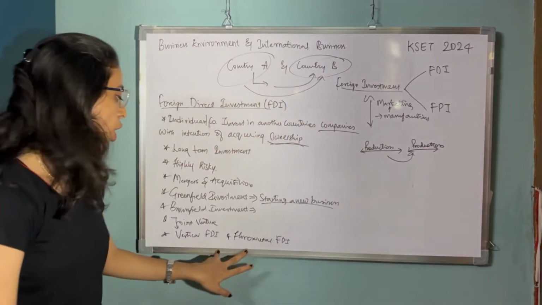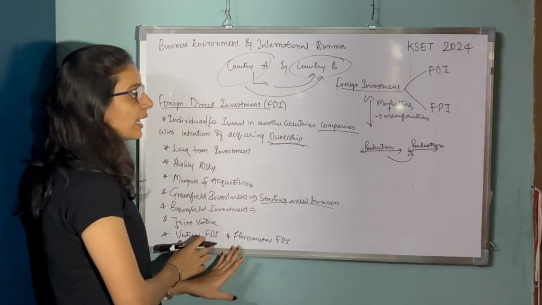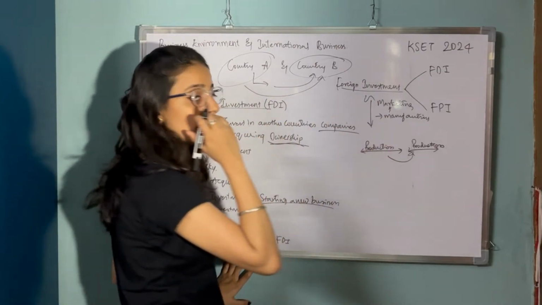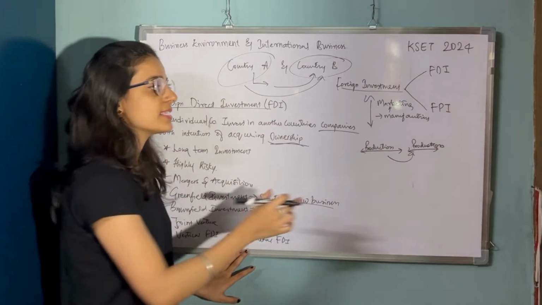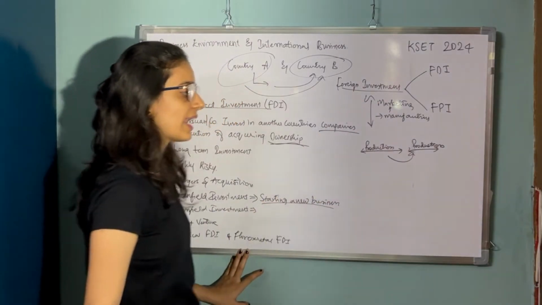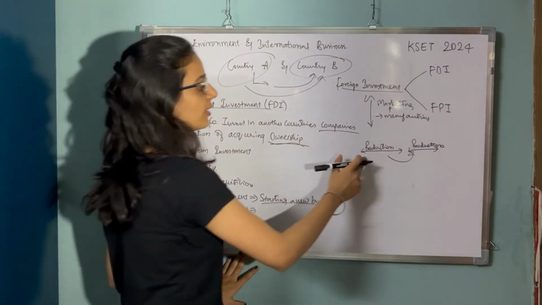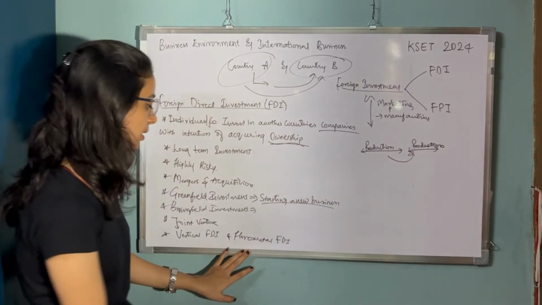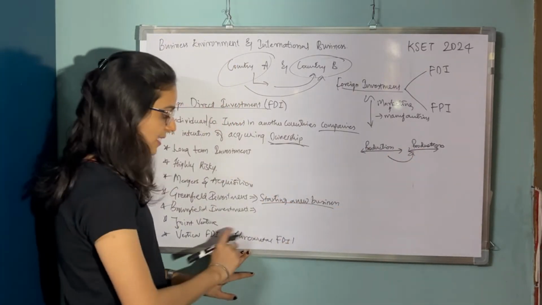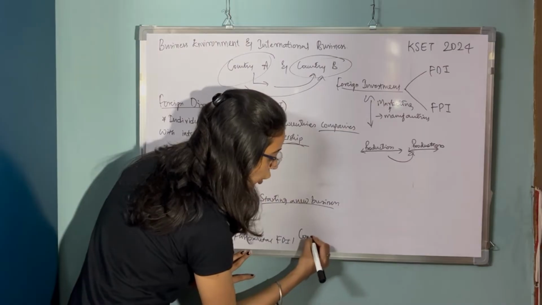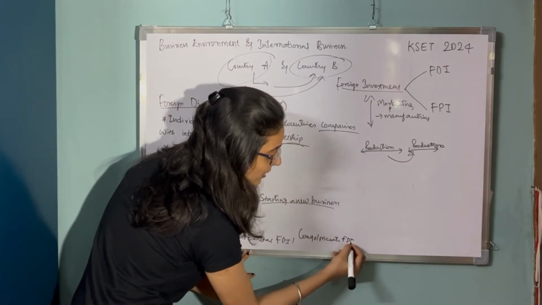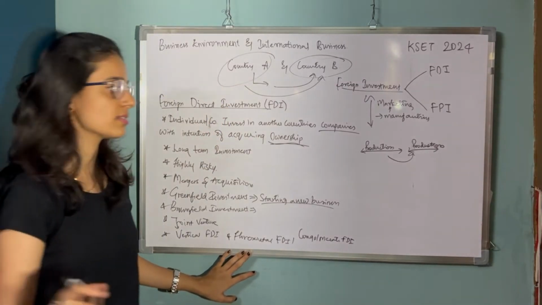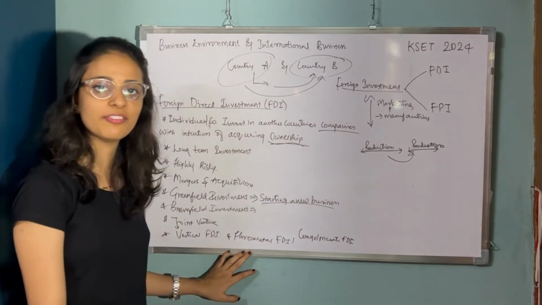This is known as horizontal FDI, whereas vertical FDI means involving companies of a different category in the same business, whereas horizontal is the same process of functions. Next, it might be conglomerate FDI, which means completely different businesses joining hands with completely different businesses.